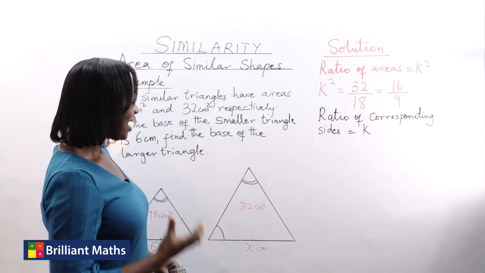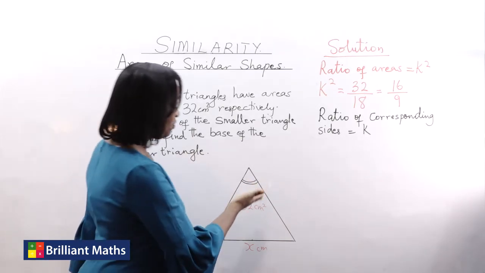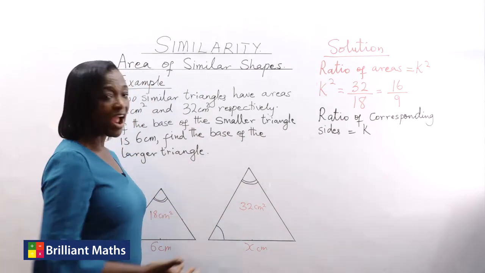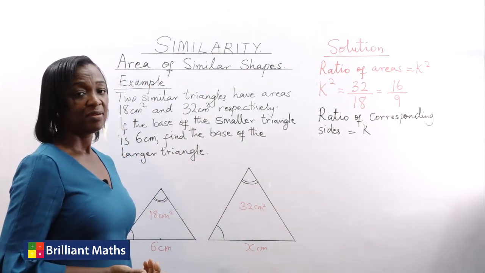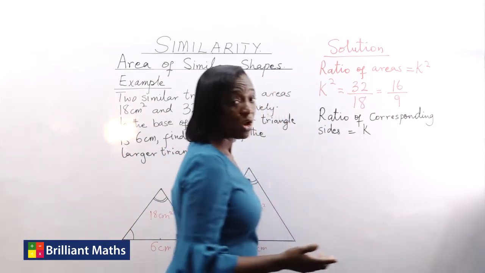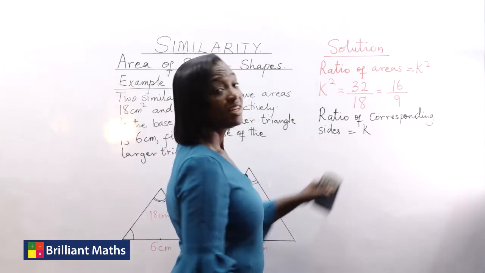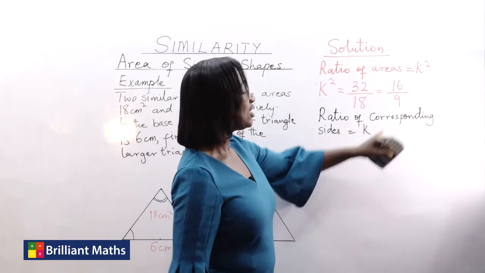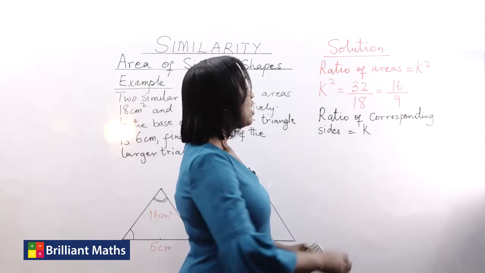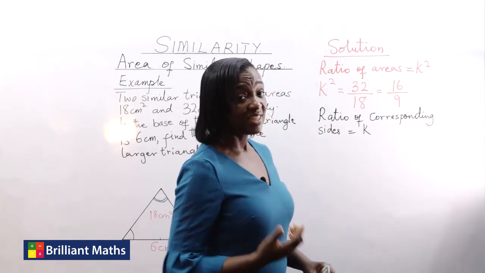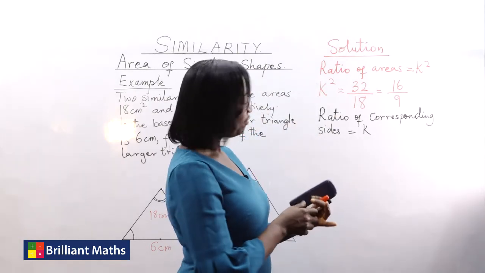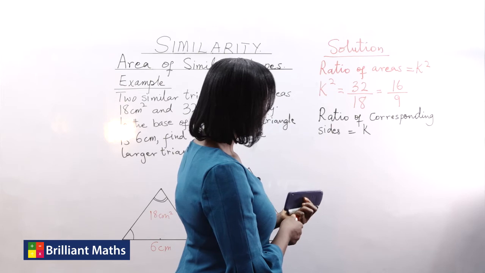So I'd like to use the area of the bigger triangle over the area of the smaller one to find our K. So K squared is equal to 32 centimeters squared over 18 centimeters squared, and that gives us 16 over 9. So the ratio of corresponding sides is K. How do we find K? Then we find the square root of that.